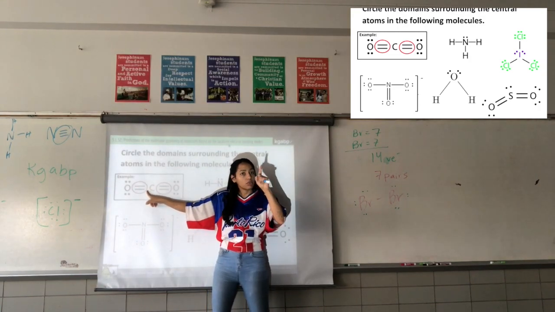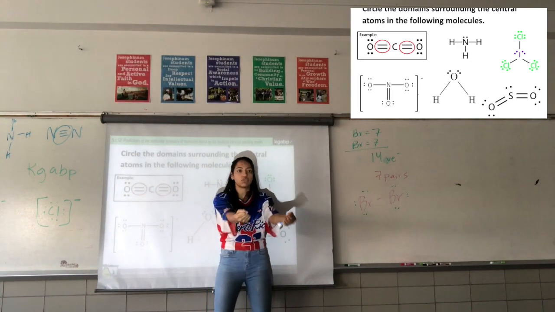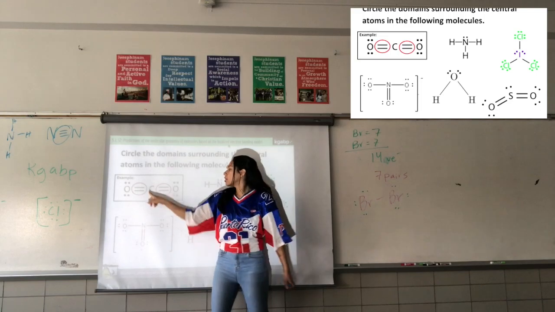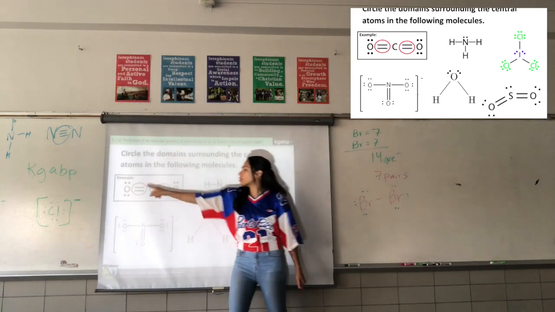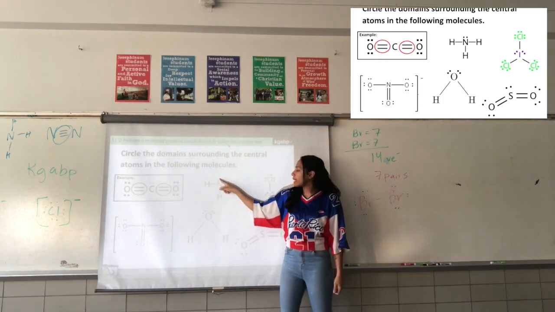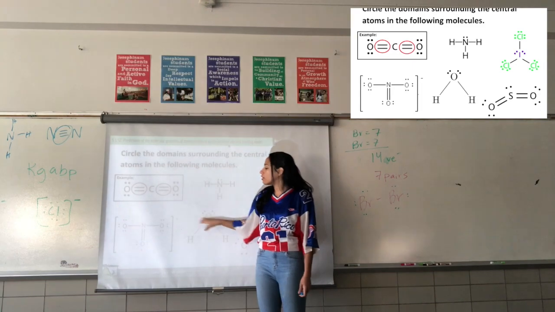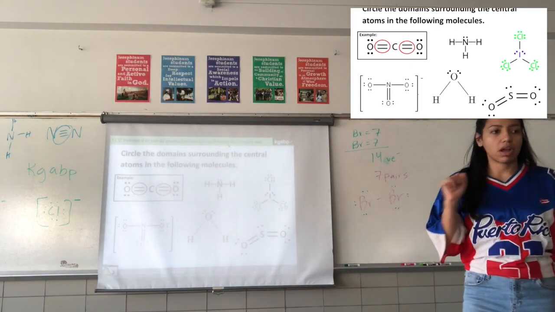It's a double bond. It's just stronger because it's got 2 arms holding it. That's one domain. That's 2 domains. I want you to circle the domains around the central atom for all of these on your computer. You can actually draw on this slide.